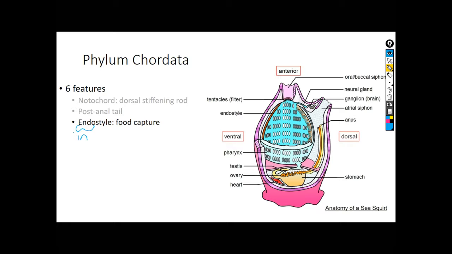So some sort of feature that allows you to capture and ingest food inside your body. Okay, and there's a lot of variety on this.